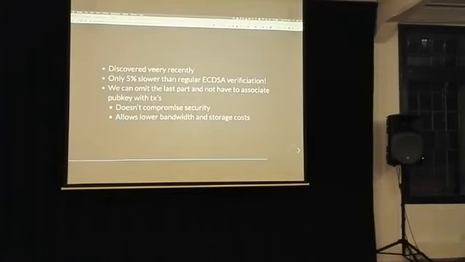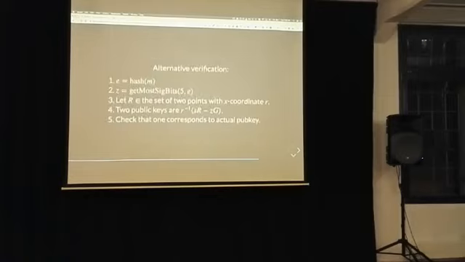Now, this algorithm was discovered very recently, I think in 2009. And it's only 5% slower than regular ECDSA verification, which is super cool because we don't have to send across public keys if we omit the last part.